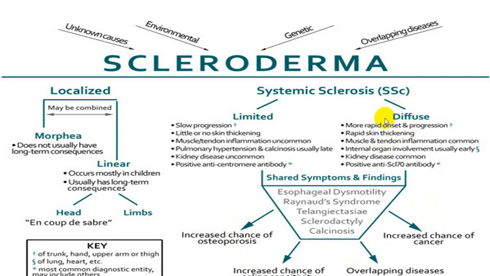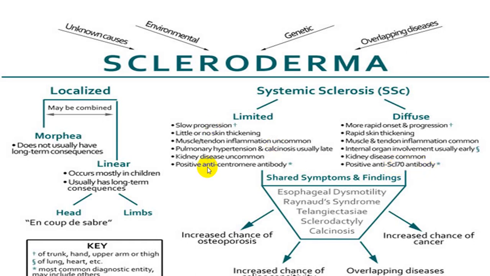In a diffuse variety, it is more rapid onset and progressive. Rapid skin thickening, muscle and tendon involvement, internal organ involvement, kidney is very commonly involved, and there is a positive antibody that is called anti-Scl-70, anti-scleroderma 70 antibody.